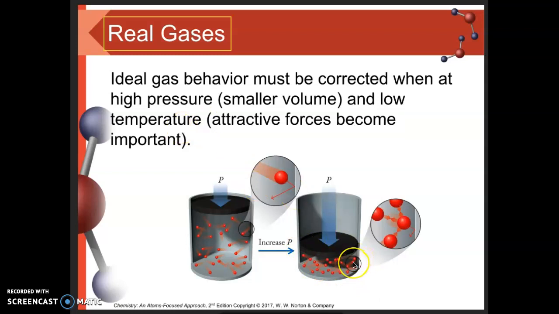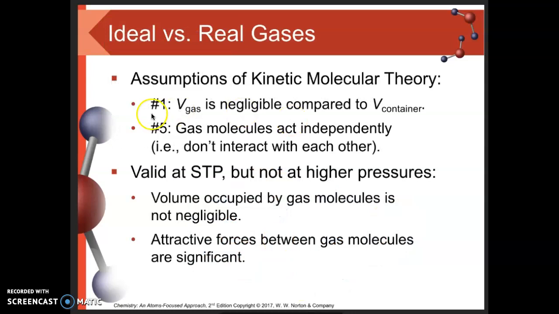The reason low temperature is important is the kinetic energy is going to be decreased significantly. There's a chance we might have a little bit of interaction taking place between the molecules. We actually get some intermolecular forces going on there.